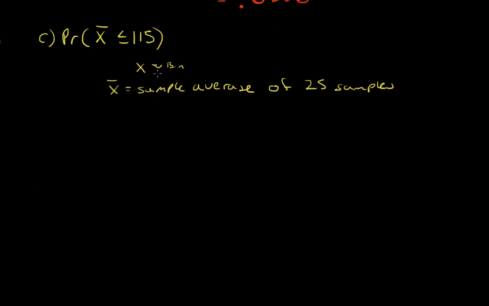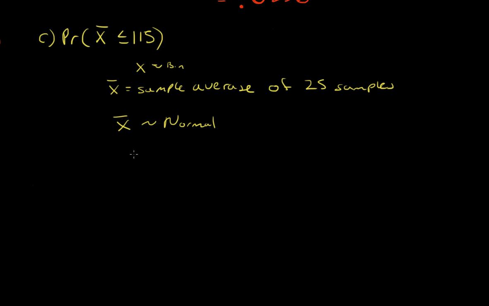So we're not going to be using the normal approximation to the binomial to solve this. Rather, we're going to use the central limit theorem. The central limit theorem says that x bar is approximately normal as long as the sample size is large enough. A sample size of 25 here is large enough for the distribution of this mean to be approximately normal.